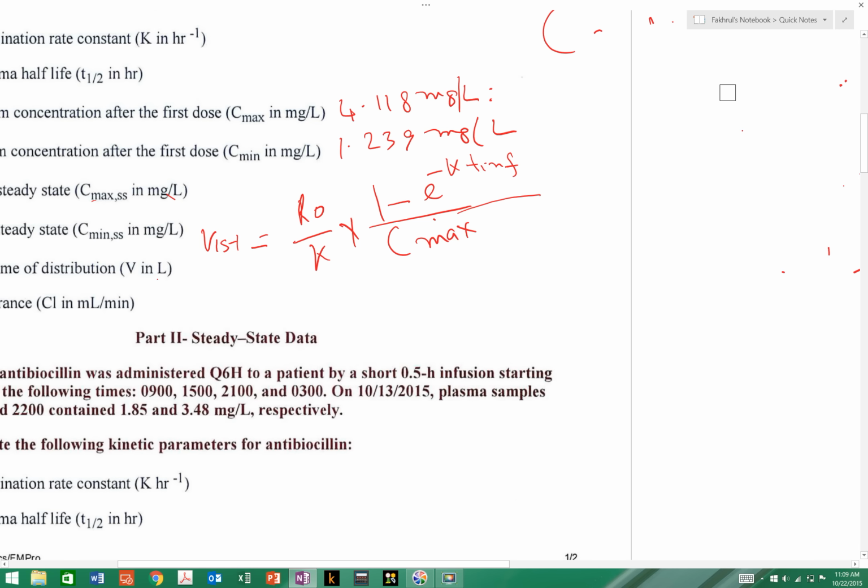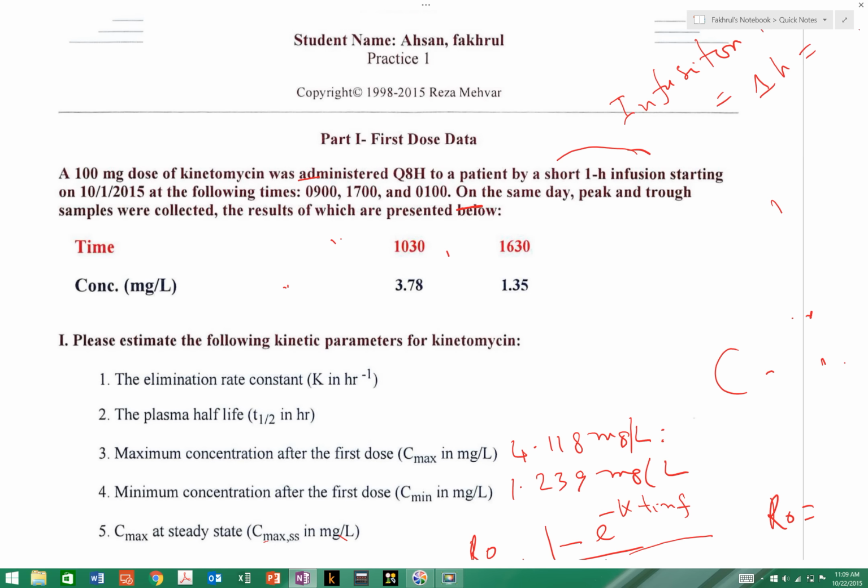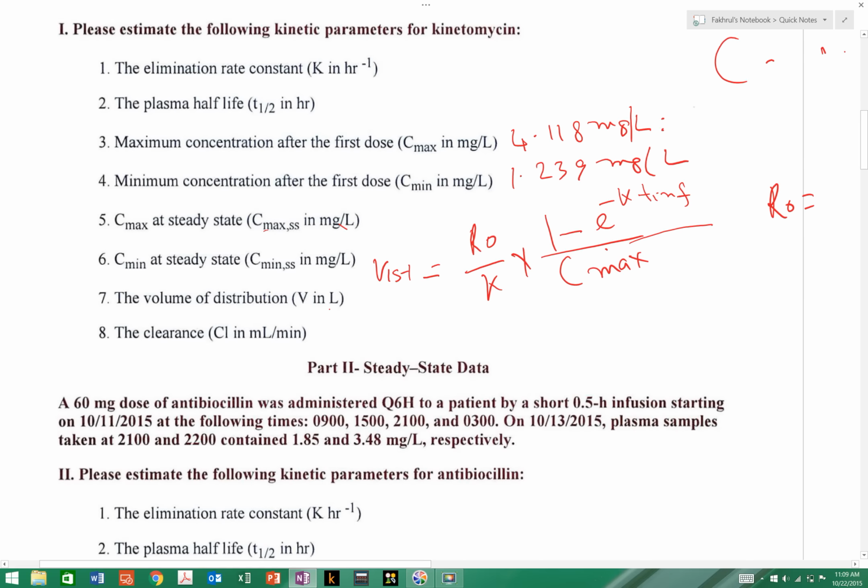R0 is the infusion rate. So dosing rate or infusion rate, in our case, if you go back, is 100 milligram per hour. If it were 30 minutes, 100 minutes, it would be 200 milligram per hour.